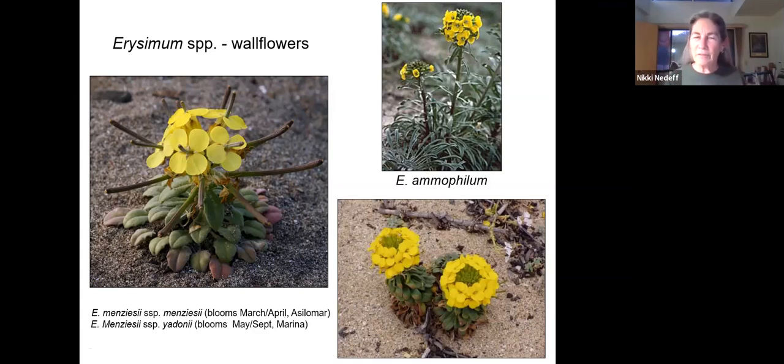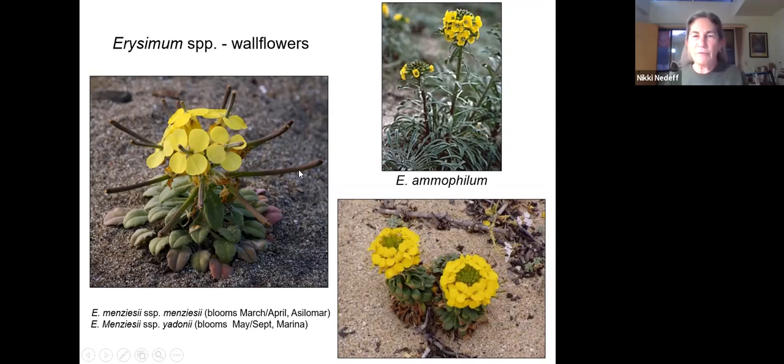These two subspecies of the same species have been isolated in these dune habitats for long enough that they have developed different flowering periods. And they also have unique leaf structures. Look at the leaf structure of this coast wallflower and this upright inflorescence as opposed to this squatty, spatulate leaf structure of the Menzies wallflower, which is a much smaller plant in height.